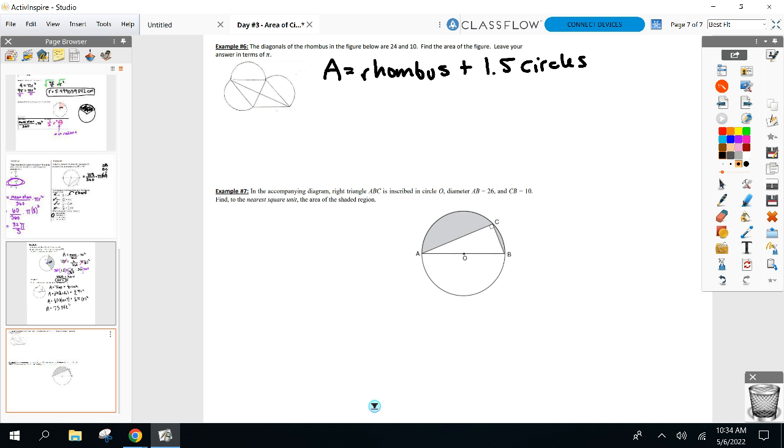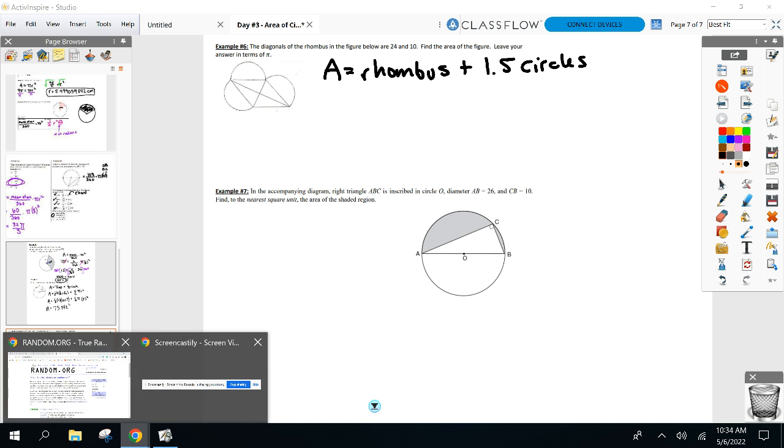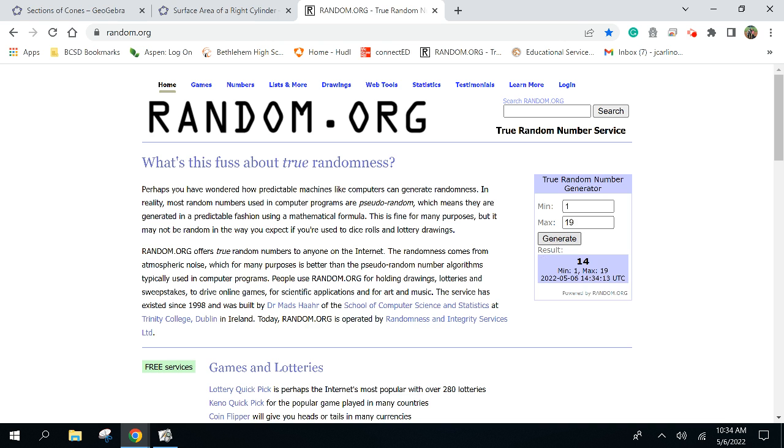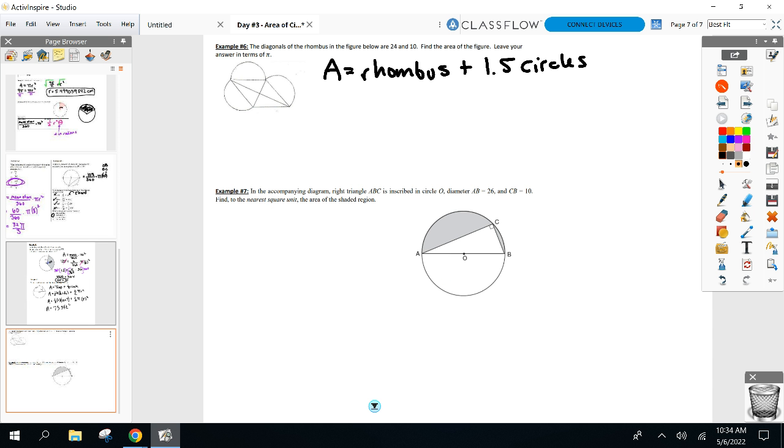Formula time, please. Rhombus formula? Half of the diameter times... the diagonal. Thank you. The diagonal of it times the other. Good. And one half pi r squared for the circles.